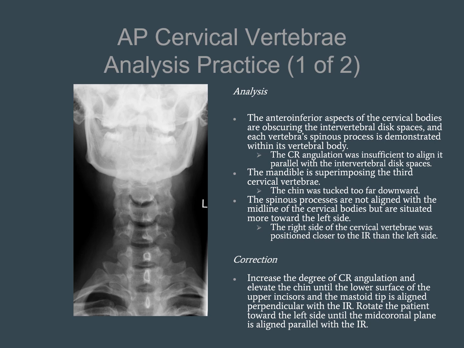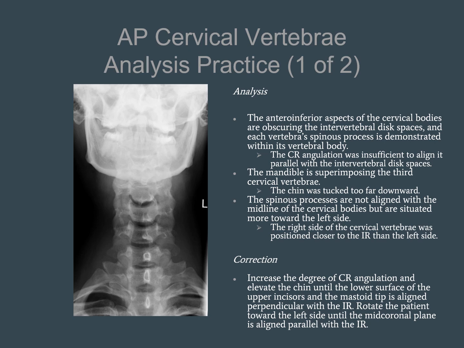The vertebral spinous processes are demonstrated within the vertebral bodies, which should all indicate to you that we have a central ray angulation issue here. Also, looking at this image, the mandible is superimposing over the third cervical vertebra here, which should tell you we have a positioning issue as well.